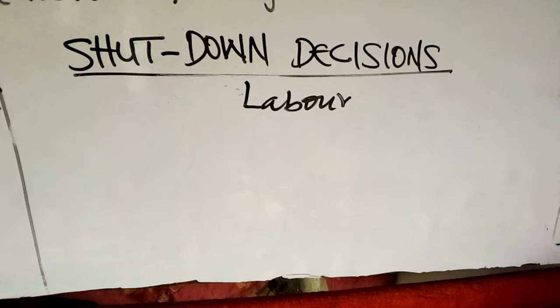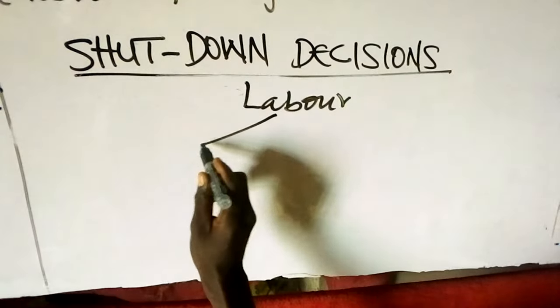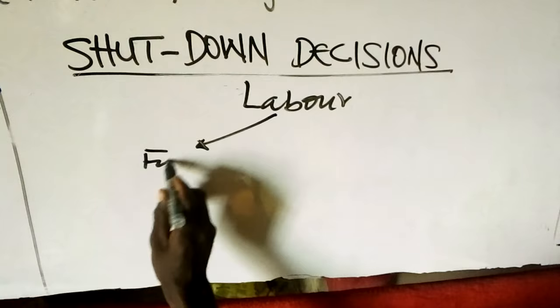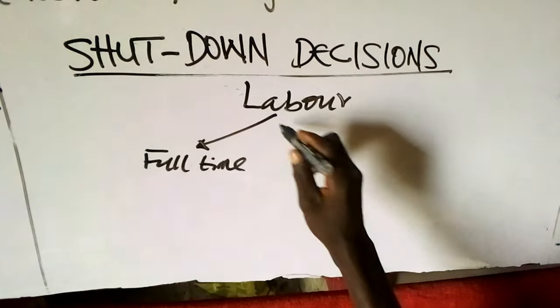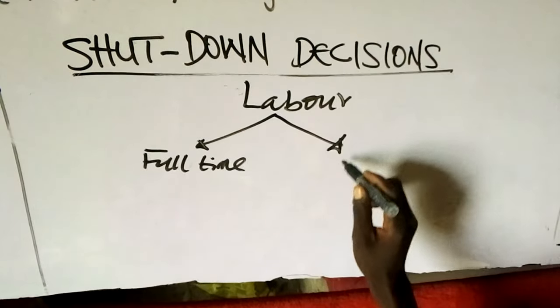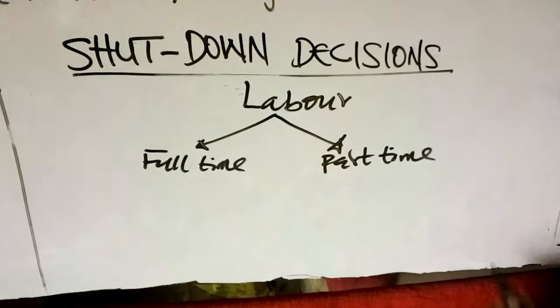This labor, I'm going to categorize into two: full-time workers and part-time workers. The full-time workers are called salaried workers, while part-time workers will receive wages.